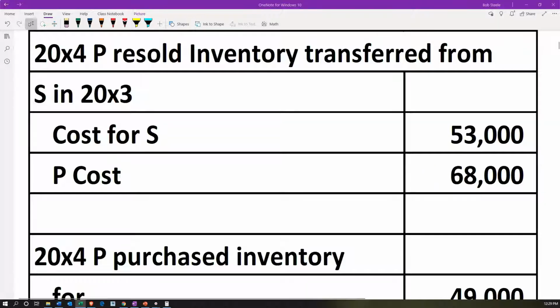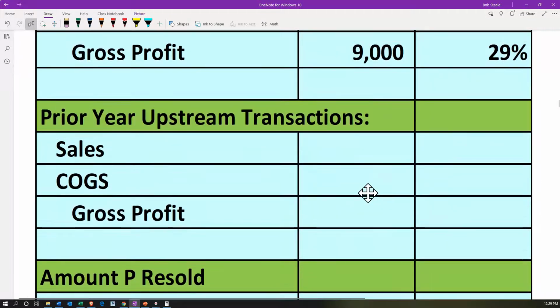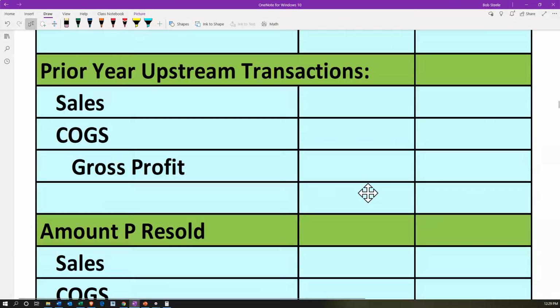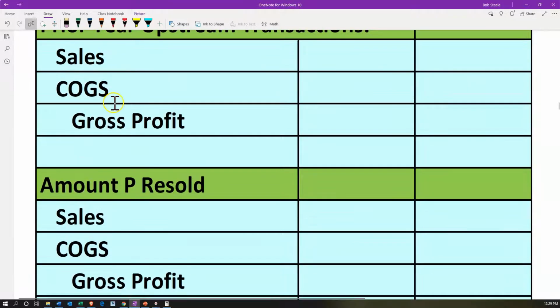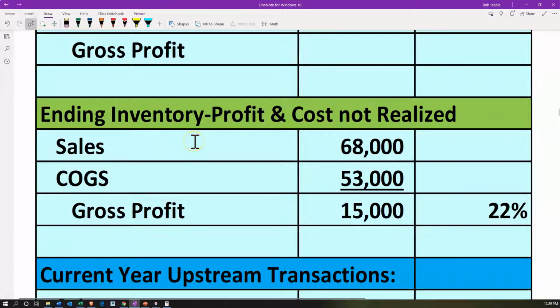Okay, so let's go down to our data. This is actually going to be a prior year transaction, but instead of entering the prior year sales and the amount that's resold, all we really need is the ending inventory items, and that's basically what they gave us.